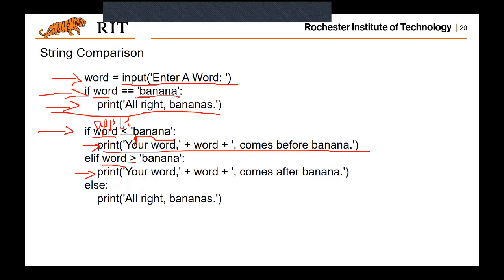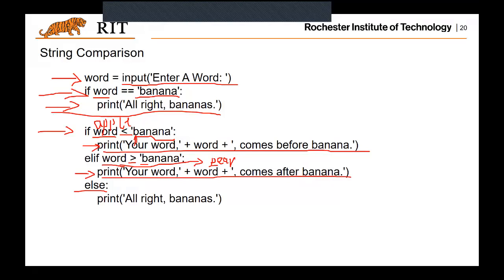Similarly, if word is, let me think, what can we use, pear, because this is also a fruit, right? We put pear here. P is after B in the alphabet. So this is satisfied and this line will be printed.